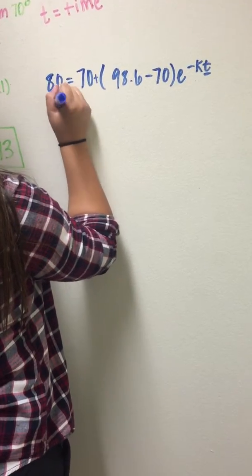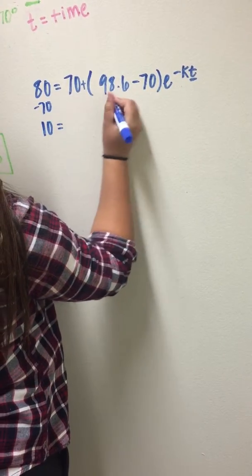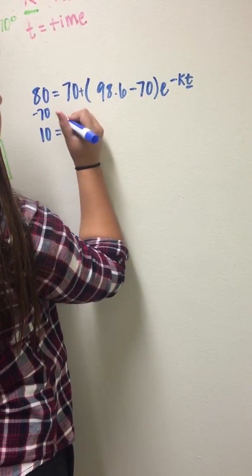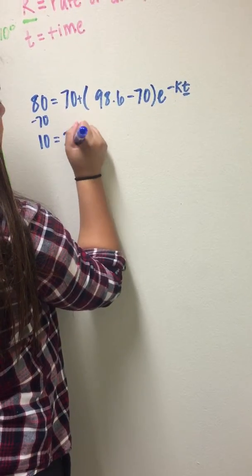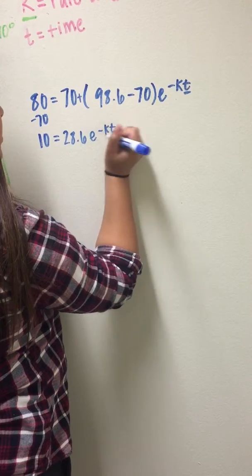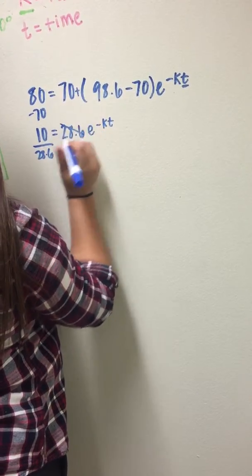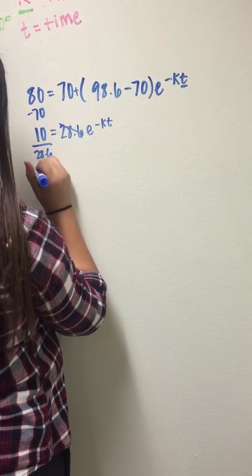So we're going to subtract 70, and that's going to be 10 equals 98.6 minus 70, which is 28.6, e^(-kT). So again, we're going to divide by 28.6 to get rid of that, and then ln to get rid of e.